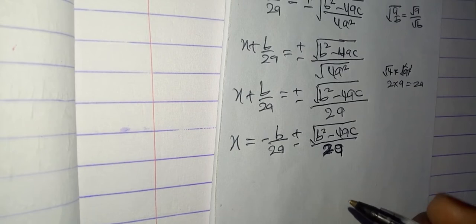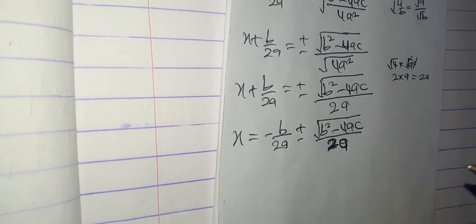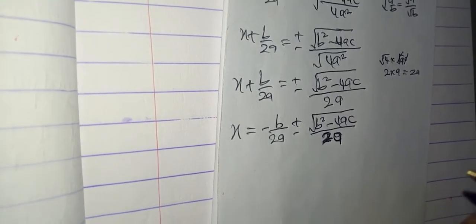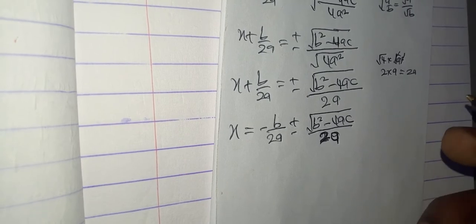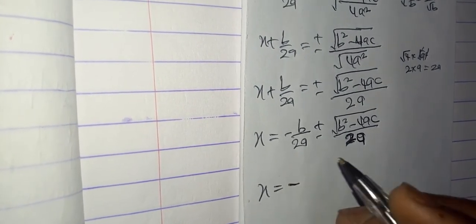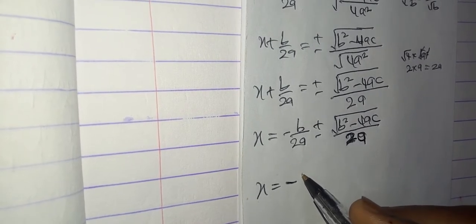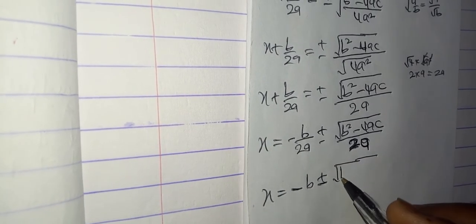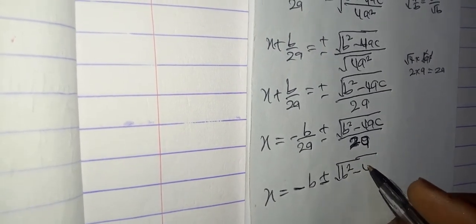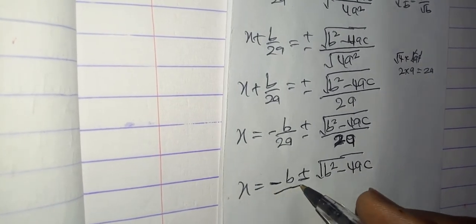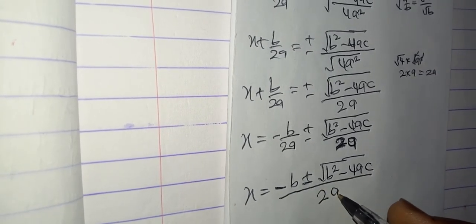Now we know addition and subtraction of like fractions where the denominators are the same. So basically you either add the numerators, you pick one denominator, or you subtract and you pick one denominator. So I'm going to have s equals minus b plus or minus square root of b squared minus 4ac. The denominators are the same, so I pick only one, which is 2a.